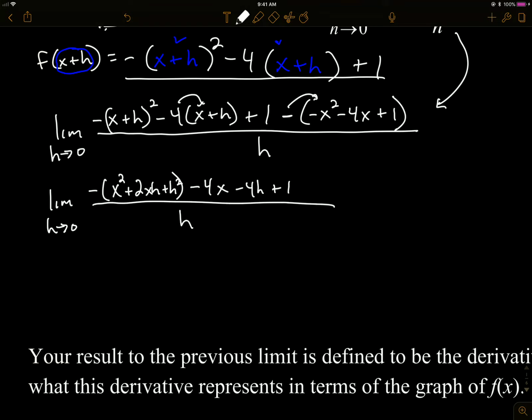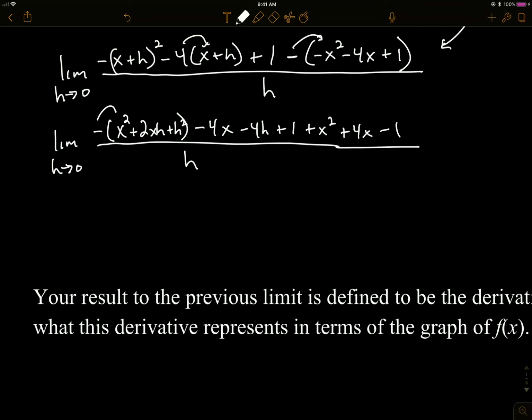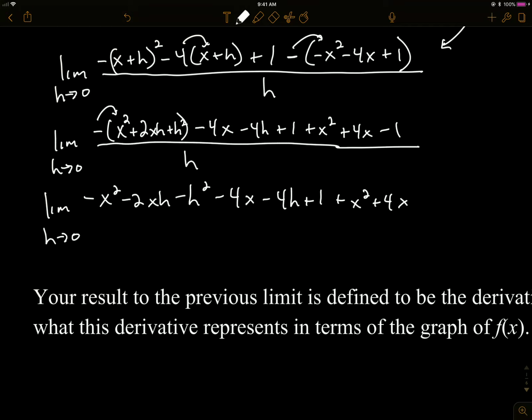Then I'm going to distribute my minus sign, so it's plus x squared plus 4x minus 1. Now I can distribute this minus sign. Negative x squared minus 2xh minus h squared minus 4x minus 4h plus 1 plus x squared, all over h.